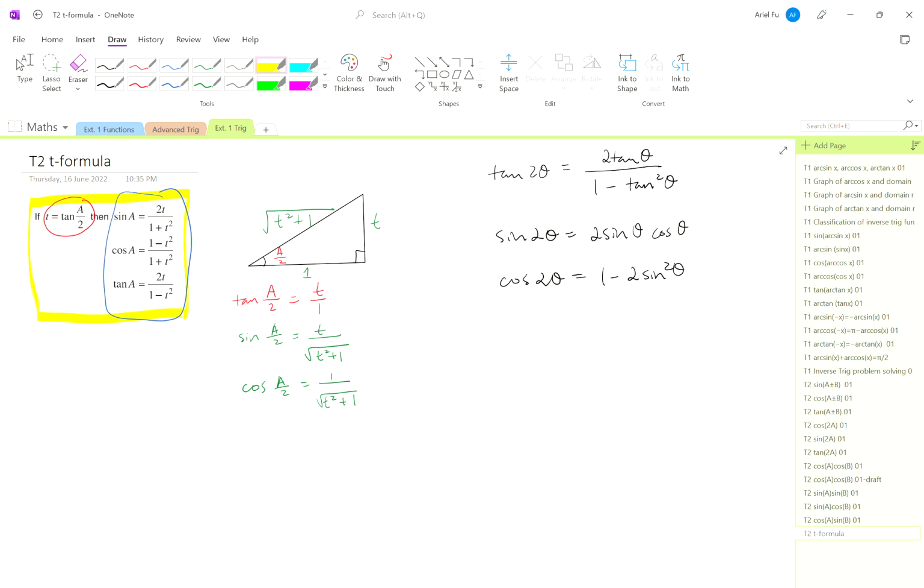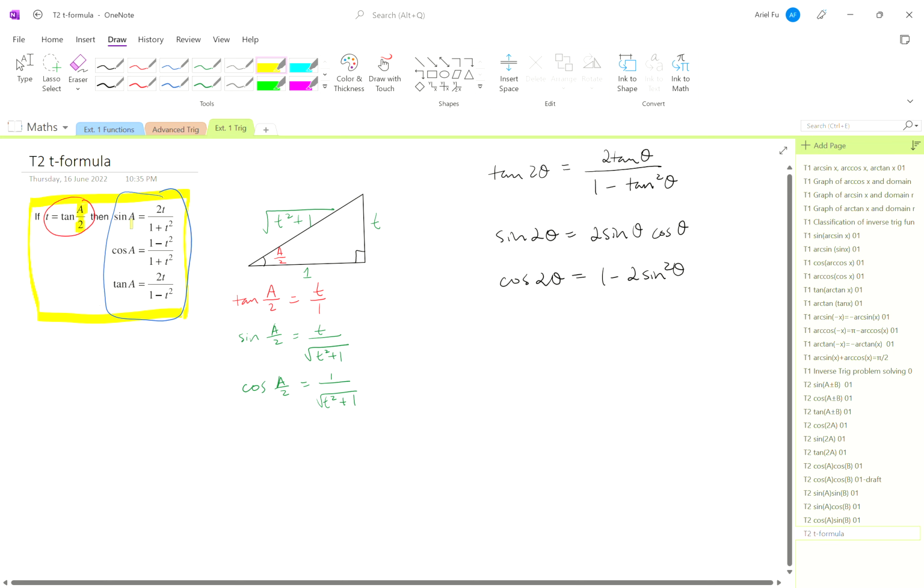Notice the difference here. This is A on 2. When it gets to here, we have increased the magnitude of the angle by 2. So this is actually a double angle thing. We went from A over 2 to A. So I know that I probably have to look at a double angle formula.